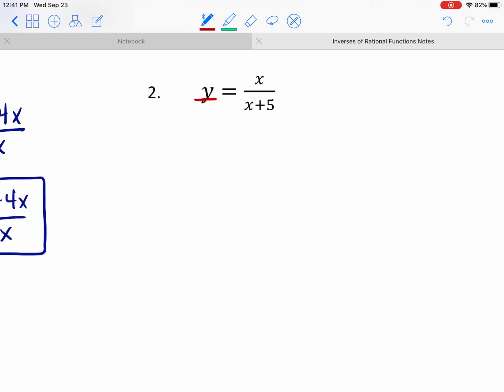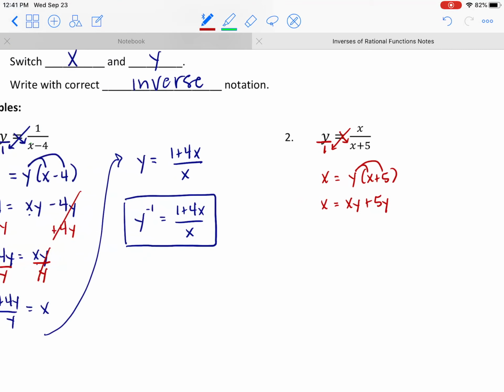Let me change colors. Okay, so let's try to solve this for x. I'm going to make a fraction and cross multiply. 1 times x is x. And then here I'm going to distribute y to the x plus 5. So x equals xy, or again yx, doesn't matter, plus 5y. And now this one is a little different than the last one.